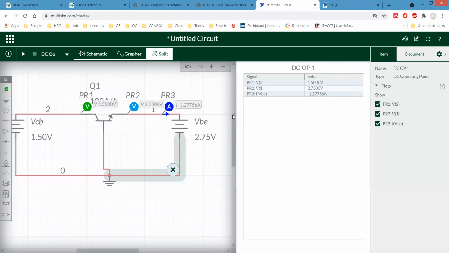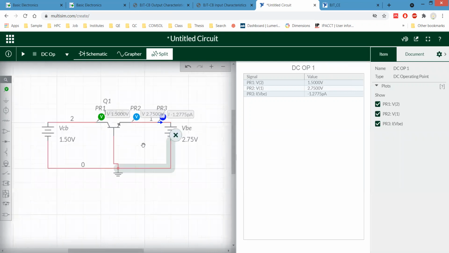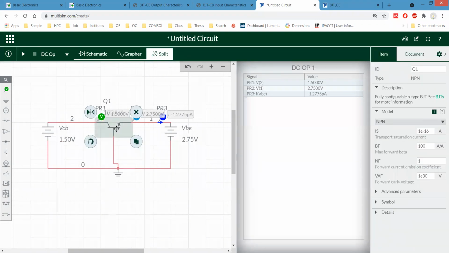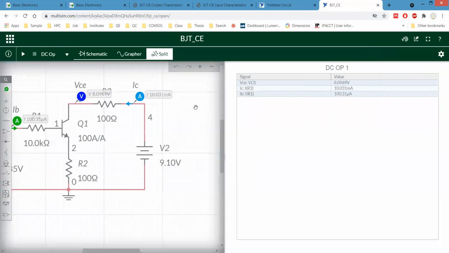So in this case, what was the problem? If anyone can help me out regarding this, please help. I think there is a problem with that transistor specification.